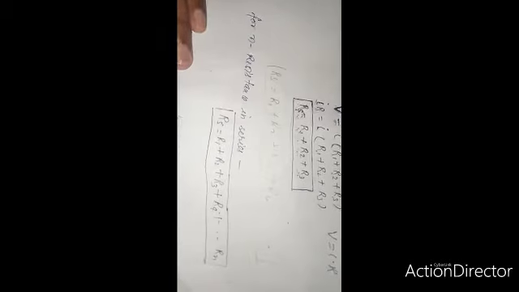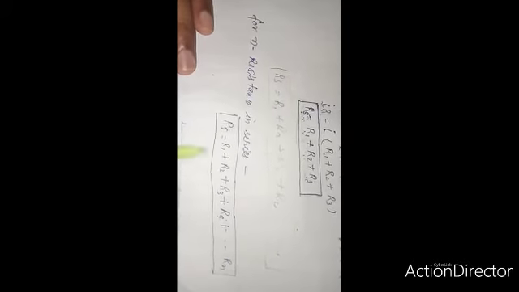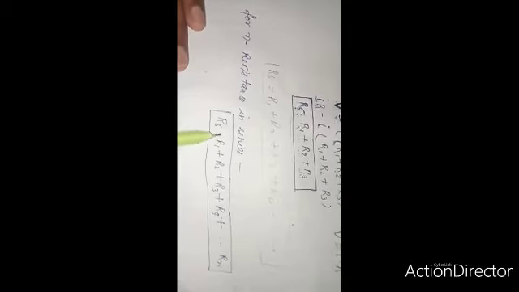This is the formula for n resistances in series combination. The equivalent resistance in series combination is equal to the sum of their individual resistances. This is the general formula to find out the equivalent resistance in series combination.